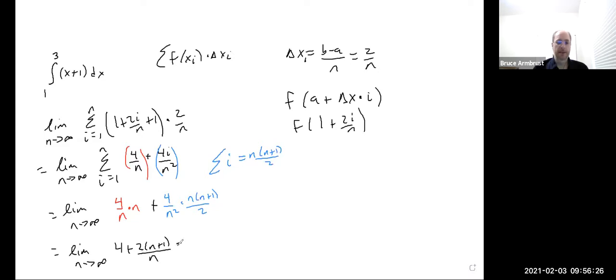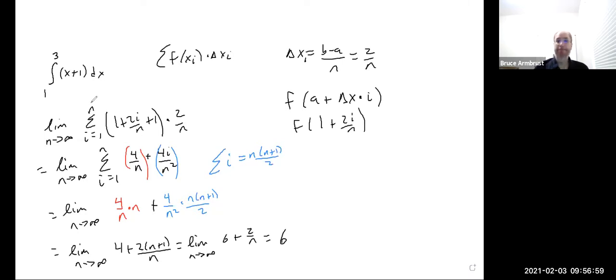We could even take this one step further. 2n over n, that's going to be a 2 plus the 4 is 6. And then I've got plus 2 over n. So now I take my limit. Well, as n goes to infinity, this goes away. And I'm left with 6. So this integral should be 6.